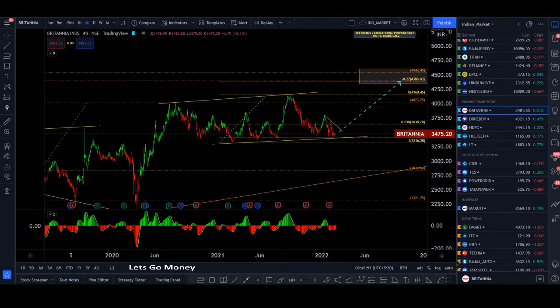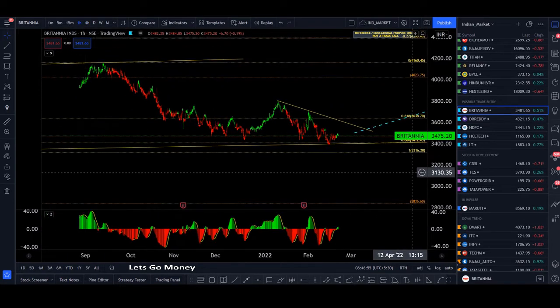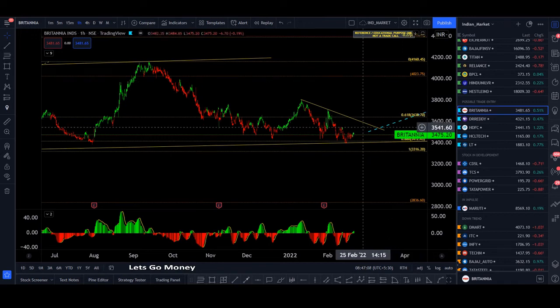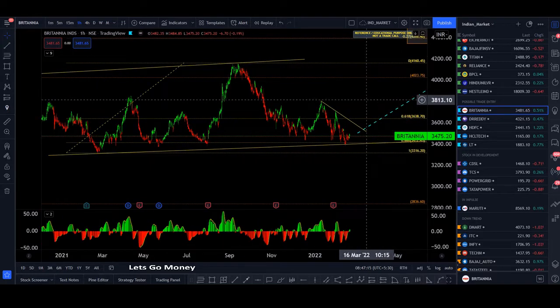But for the entry, it will be good if we can get a breakout. In an hourly, you can actually consider this as a breakout, and this possibly could be the wave to continue. So next week we have to look at how this trade moves, and accordingly we will enter this trade based on the price action.